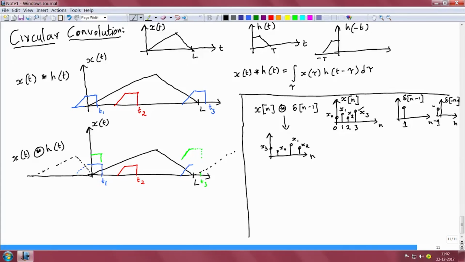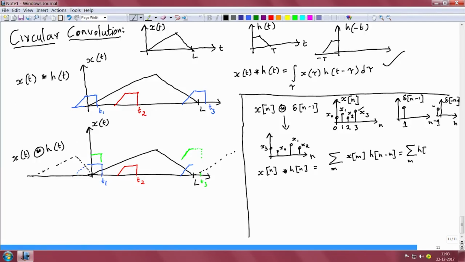Just like how we have derived this one, we know that x of n convolved with h of n is the sum over m of x of m times h of n minus m, or equivalently it can be written the other way as well.